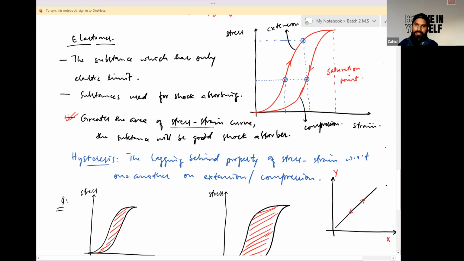So you'll say for any point, let's say at this point, while going up or while coming down, x coordinate and y coordinate is same. Is it clear?